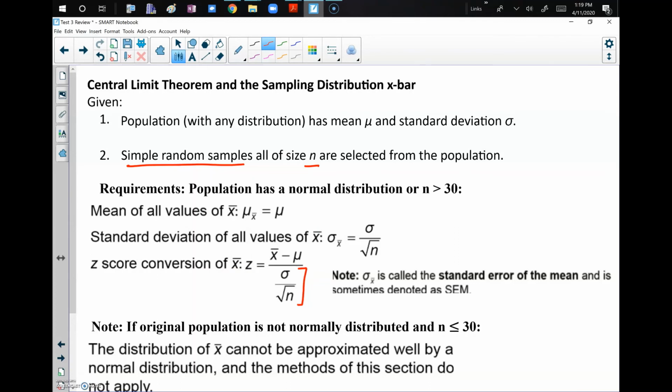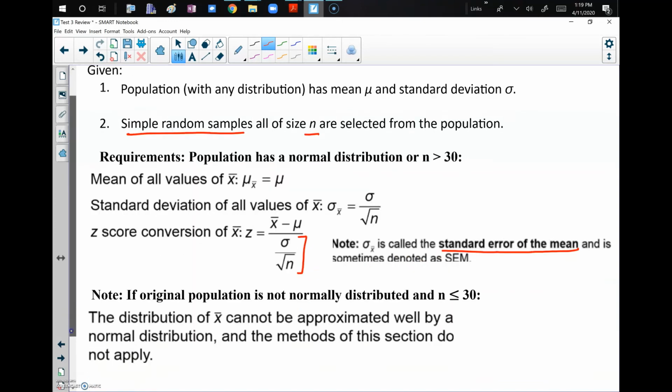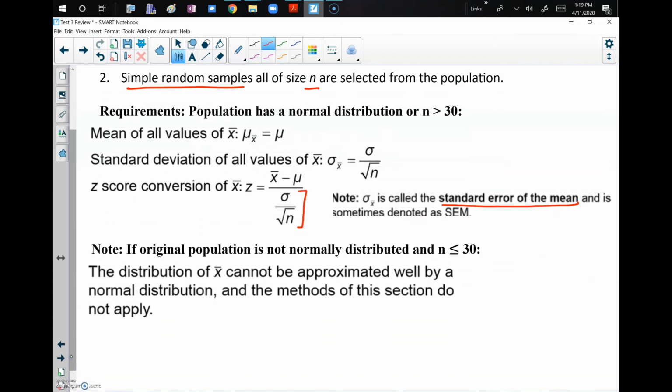And one thing to note, from your course notes, you may have seen that this standard deviation is sometimes called the standard error of the mean, or abbreviated SEM. Now that is for populations or samples that are greater than 30.